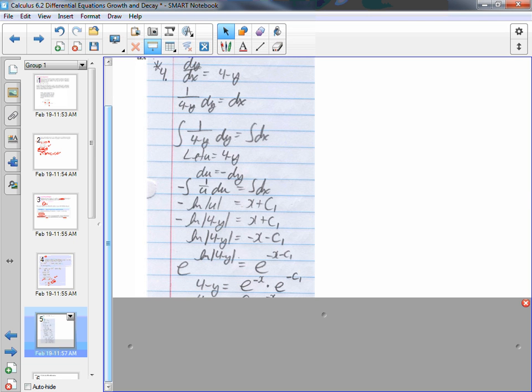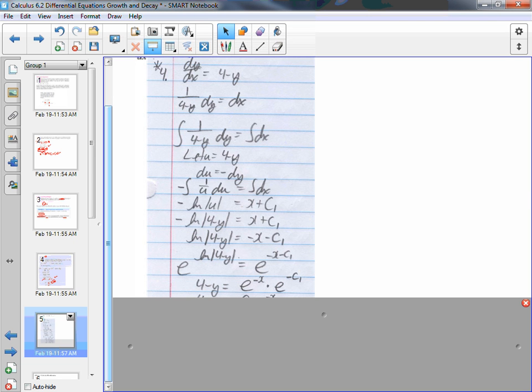I've got a base of e, and I've got two exponents added together, a negative x and a negative c1. So rewrite that as e to the first one times e to the second one. So e to the negative x times e to the negative c1.